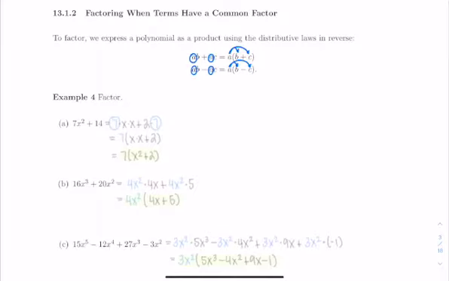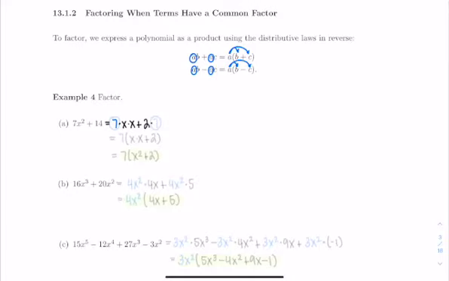So let's go ahead and try one. We have 7x squared plus 14. So I'm going to write this out the long way. Well, 7x squared is just 7 times x times x, and we can write 14 as 2 times 7.